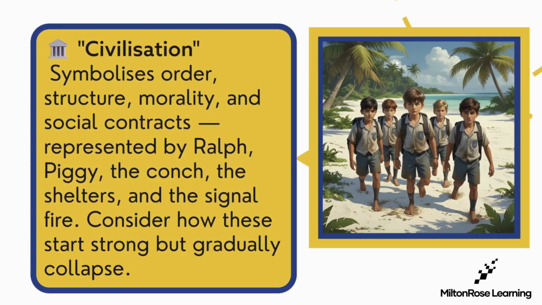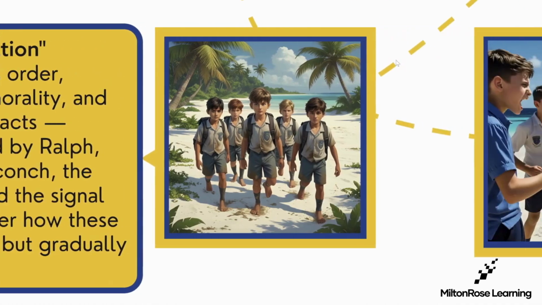So the social contract, the idea that we give up some of our rights to live in peace, to live in a world of laws, and that's represented by Ralph, Piggy, the conch, the shelters, and the signal fire. So consider how these start very strong, but those symbols gradually collapse, don't they? Because they're not strong enough to overcome the animus dominandi that we spoke about.